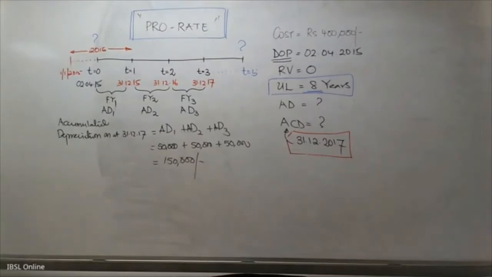Okay, below that you can take down: since the company policy is silent in the above question, the annual depreciation in the year of purchase would be calculated using the prorate convention.